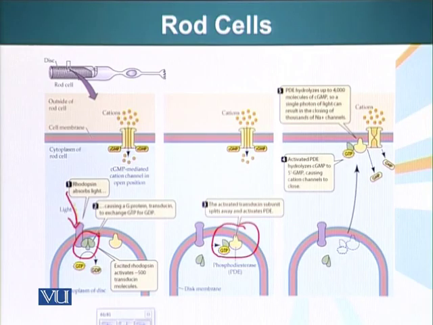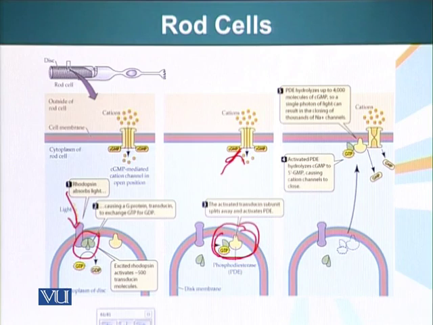So in response to a photon of light, the G protein was activated. The alpha subunit of that G protein activated phosphodiesterase. This phosphodiesterase will hydrolyze cyclic GMP molecules into non-cyclic GMP molecules. Cyclic GMP molecules, which are present in the absence of light, are attached to an ion channel receptor. This ion channel receptor basically causes the cell to be depolarized.